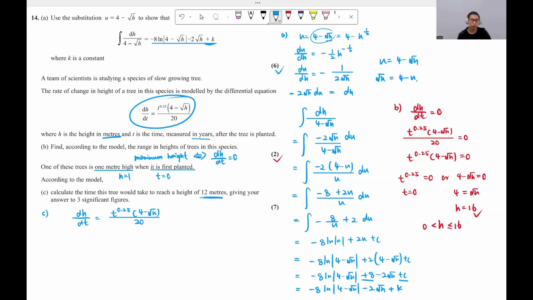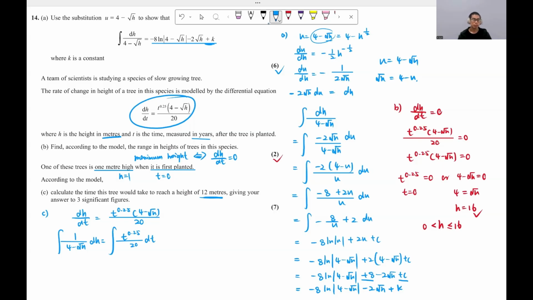So divide by 4 minus root h on both sides, then we have 1 over (4 minus root h) dh, and multiply by dt on both sides. So we will have t to the power 0.25 over 20 dt. And we just take the integral of both sides.